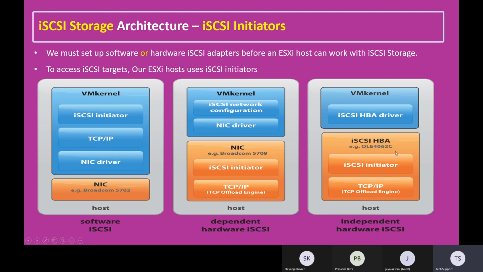If you need better performance, we'll go for a hardware iSCSI only. And in the dependent hardware iSCSI, we are still using a specific model of NIC card, and that NIC card is supported for iSCSI initiator and the TCP offloading engine. And here also we need to configure the VMkernel network adapter with the network driver.